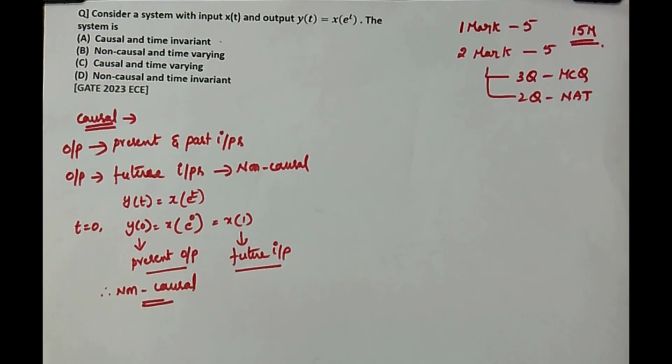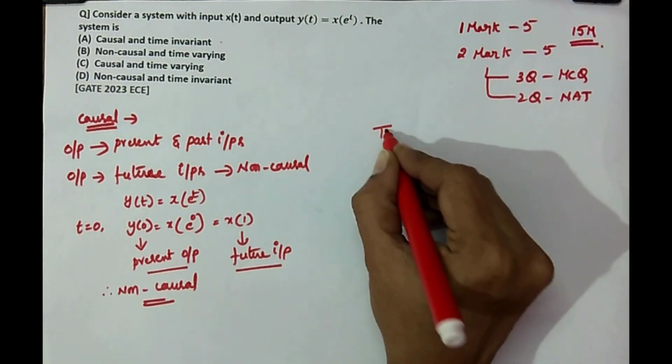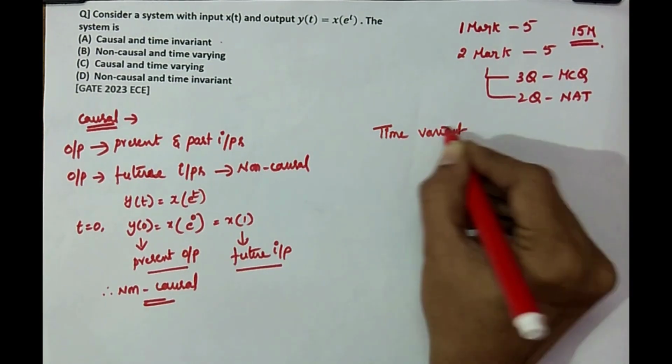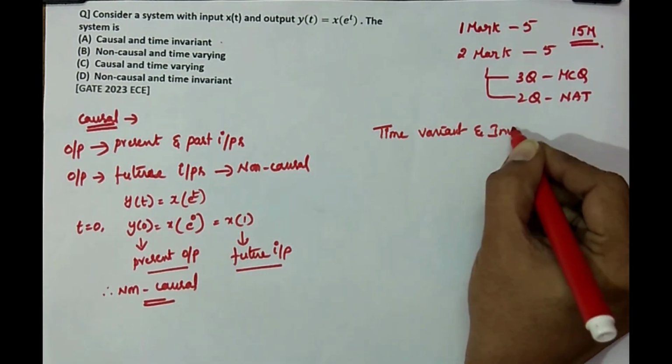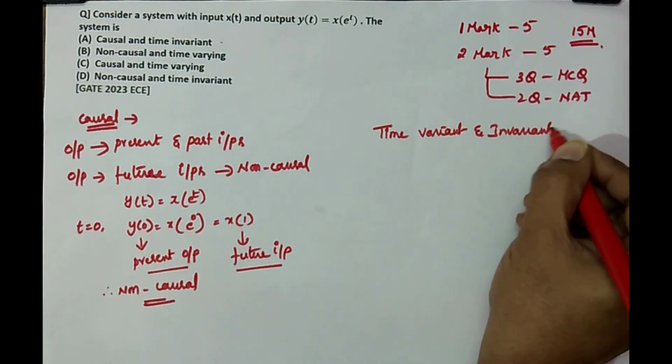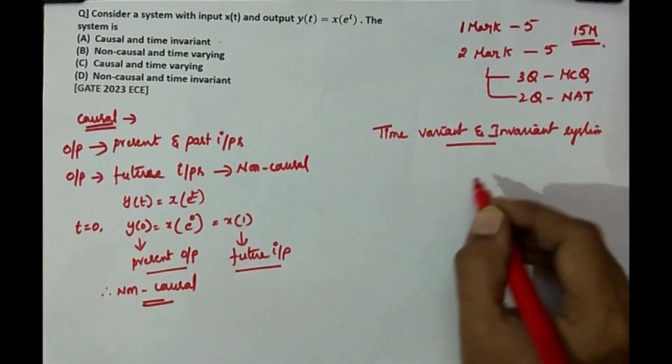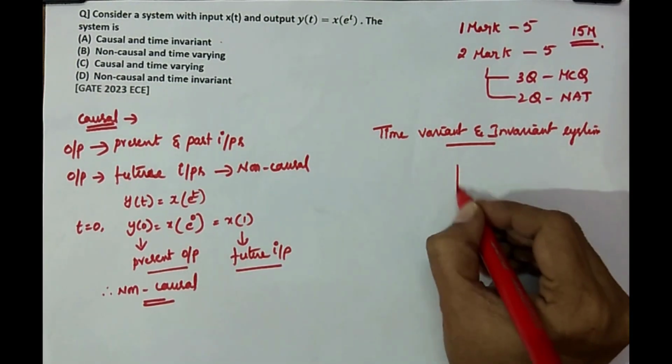Okay. So non-causal is over. We have to check whether the system is time invariant or variant. Then what is time variant and invariant systems? Take a system.